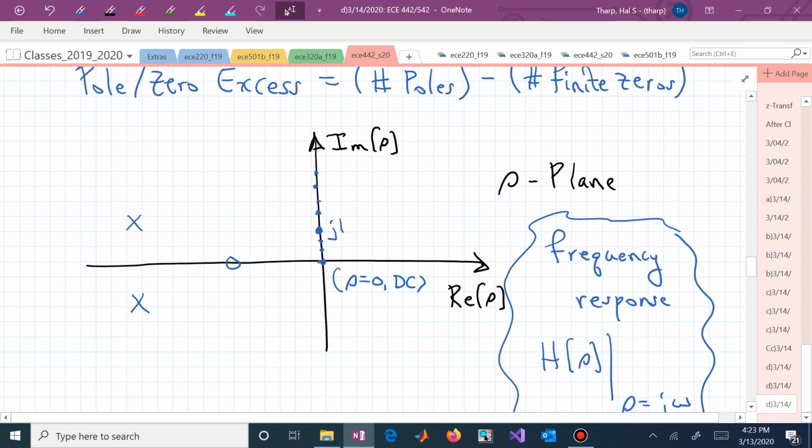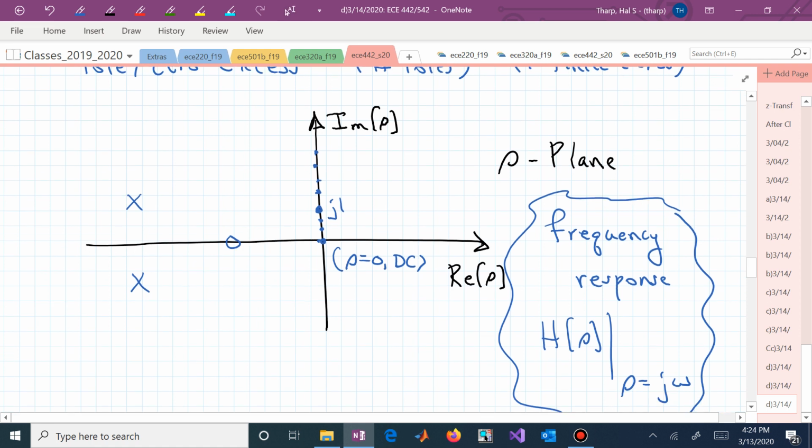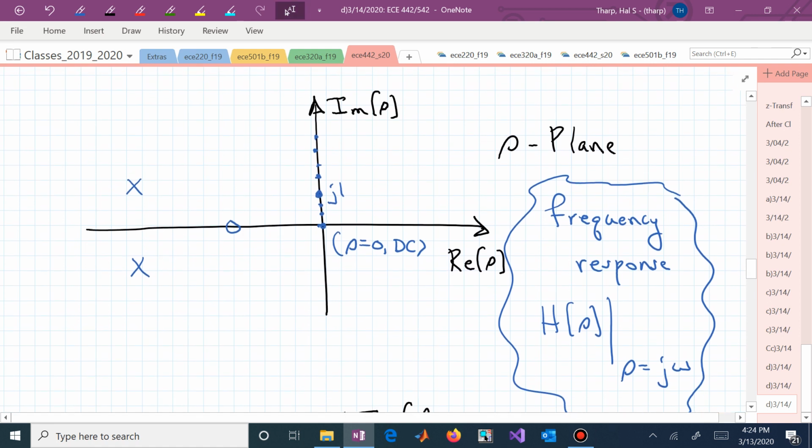Let's now look at this frequency response in the z domain relative to what hopefully you have a little bit of a feel for in the s-plane. If we're finding the frequency response in the s-plane, we're really simply walking up the imaginary axis.